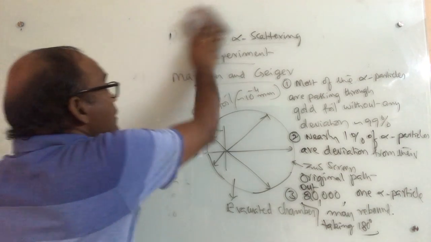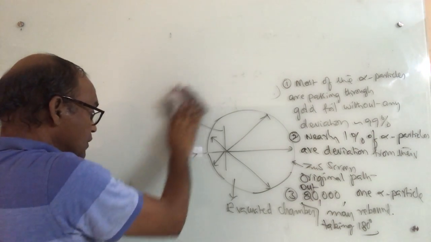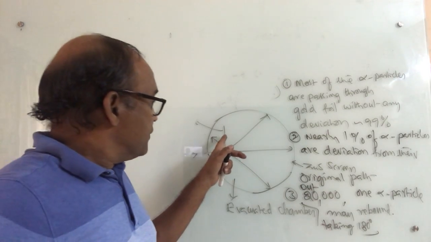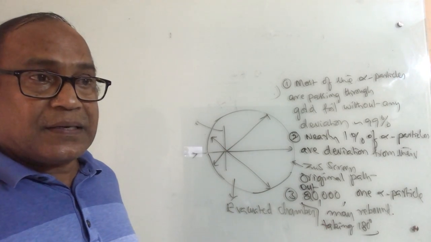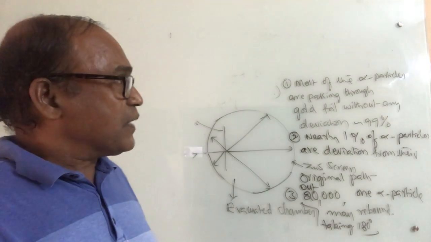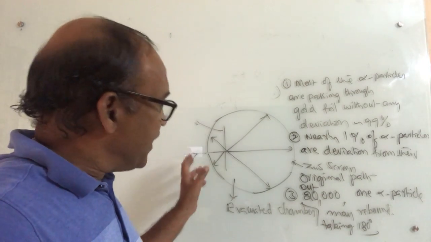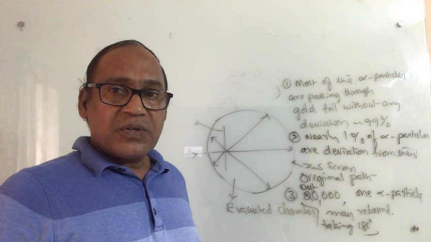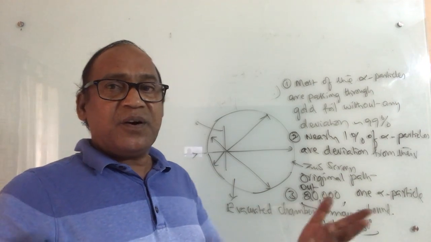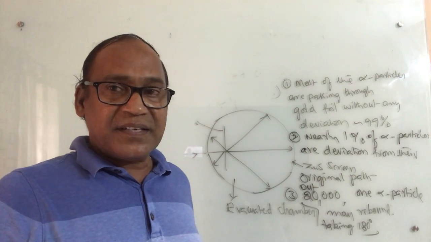Now, what could be the reason for this type of observation? Supposing this gold element, in which atoms are present, looked like Thomson's model, what is expected? Entire alpha particles should have passed without any angle of deviation. Many of you may not agree and say 10% of alpha particles deviation is expected.